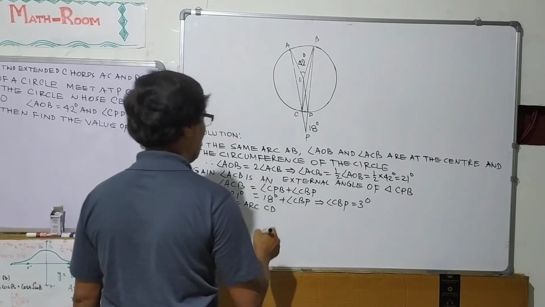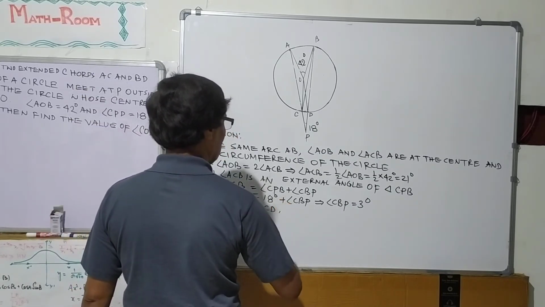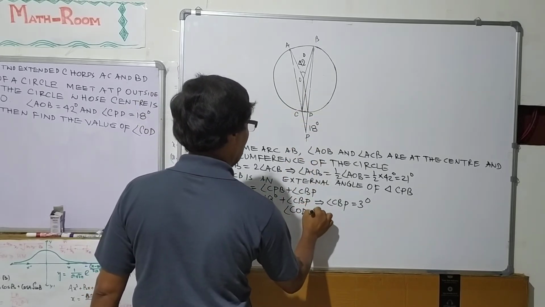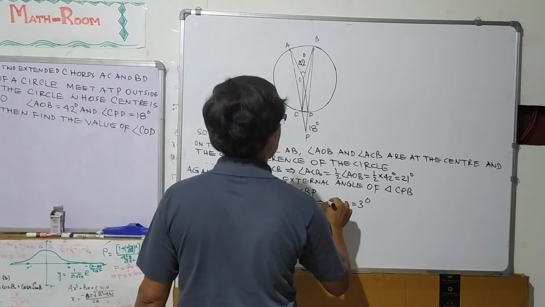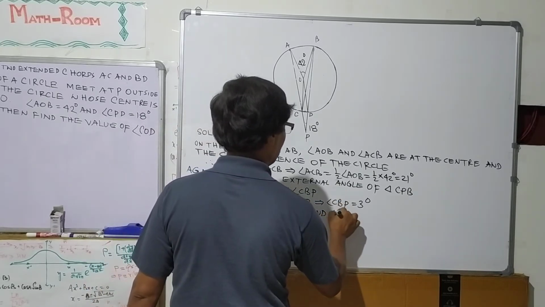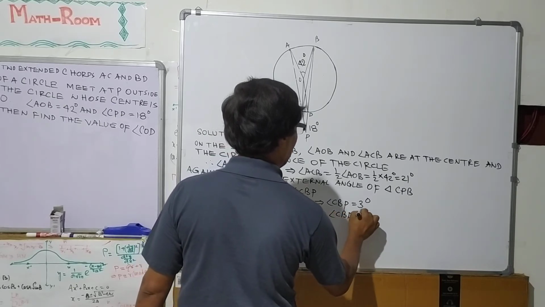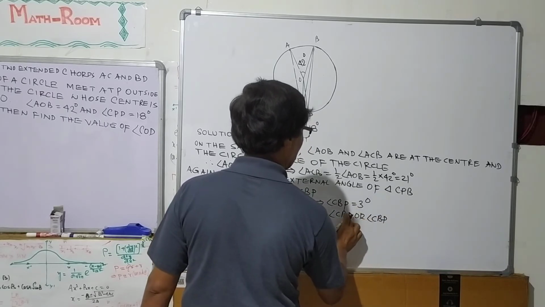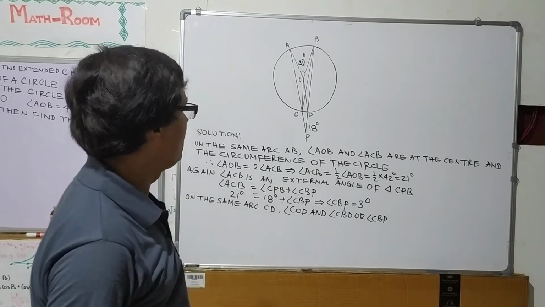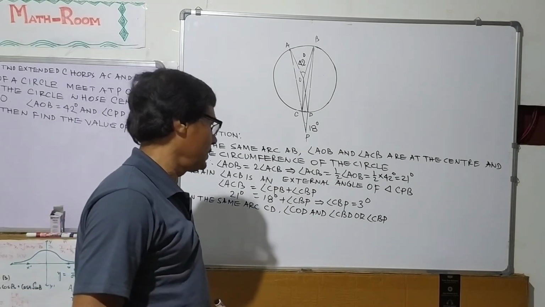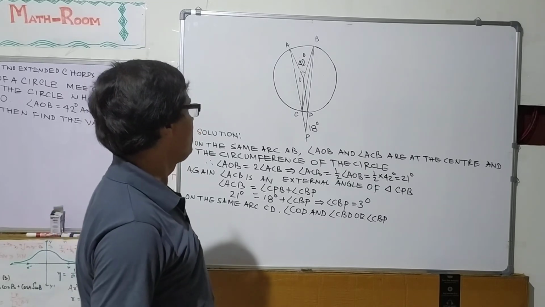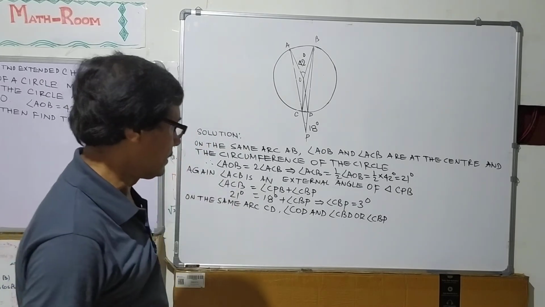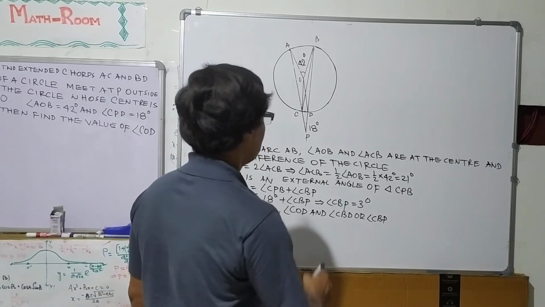So, on the same arc, COD and CBD or CBP, because CBD and CBP are the same angle.